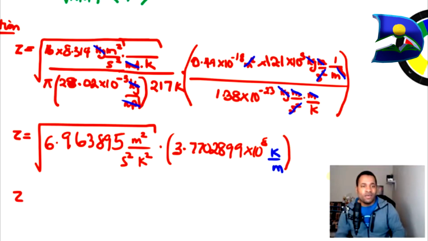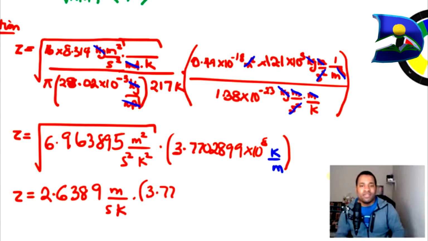So in this part we're able to have our expressions, and by performing the square root for this particular segment, we have z to be equal to 2.6389. Take note that the unit now is measured in meters per second kelvins, and this is multiplied by 3.7702899 times 10 to the 8.